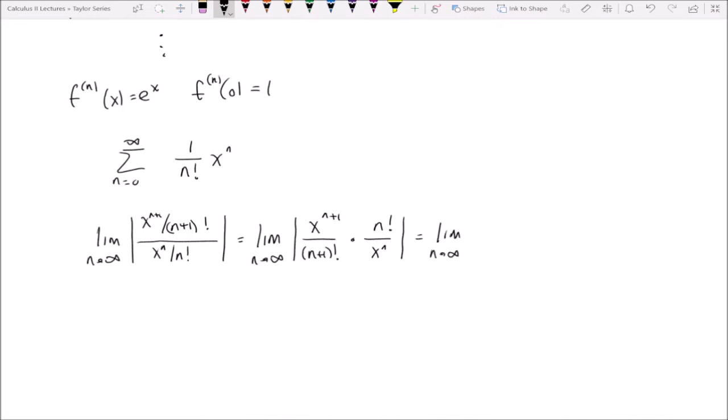So what we get is the limit as n goes to infinity of the absolute value of x over n plus 1.